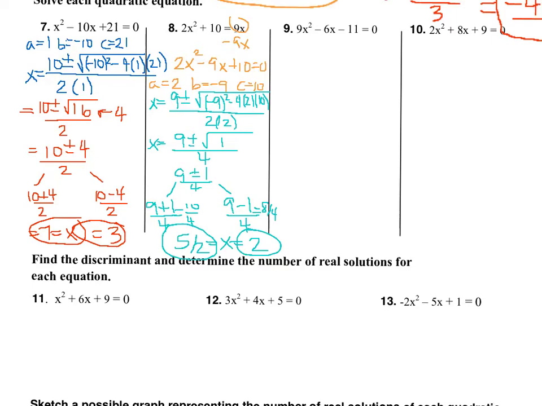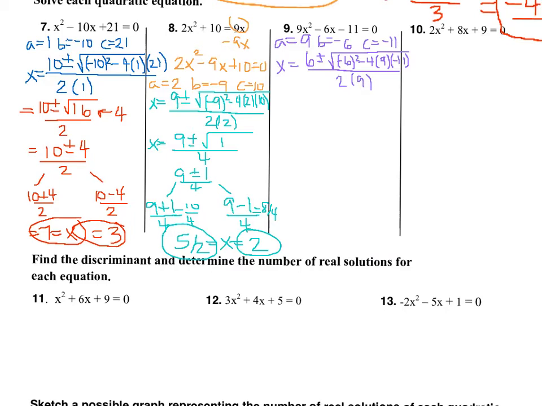Okay, so we're on to number 9. I see that I do have standard form here, so I'm going to jump right in and start identifying A, B, and C. Okay, and then I'm going to plug it into my quadratic formula. So opposite of B is 6 plus or minus square root B squared minus 4AC all over 2A.